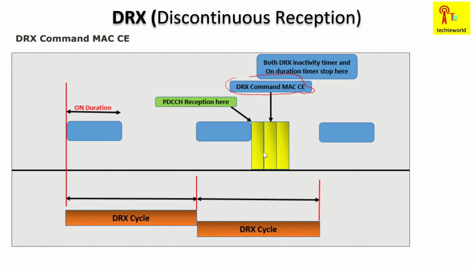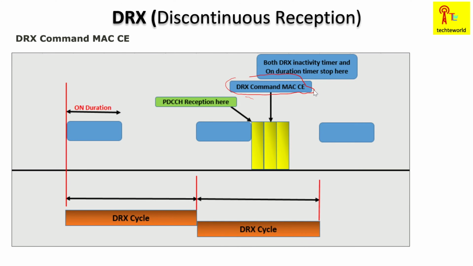Now there is no use in letting the DRX inactivity timer go on. So what the network will do is send a command called DRX Command MAC from the MAC layer, which tells the UE to stop the DRX inactivity timer as well as the on duration timer. With the help of this DRX Command MAC, as you can see in the diagram above, both the DRX inactivity timer and the on duration timer will stop.